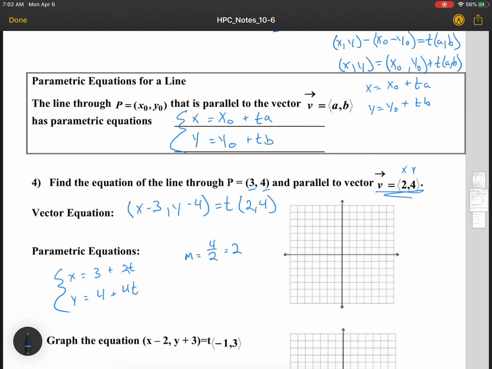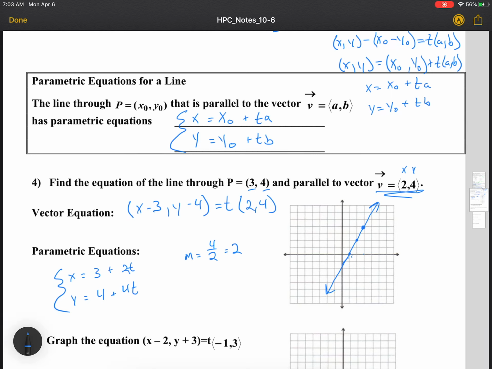So that's our slope. So we know we have a vector that goes through point 3, 4. So we go 3, we go 4, and we know it's at a slope of 2. So you can just get the next point. Right?